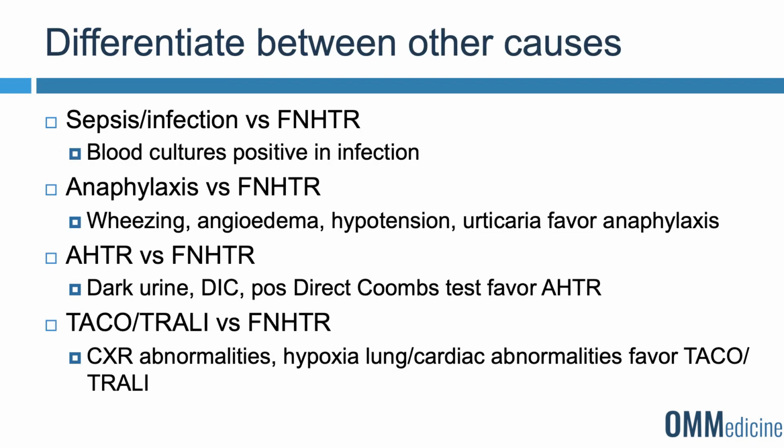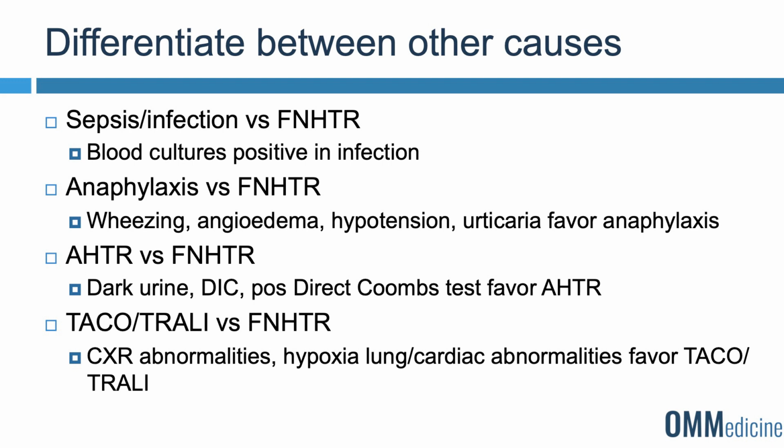And finally, I've put this summary slide here as a way to remind yourself of how the febrile non-hemolytic transfusion reaction will differ from some of the other types of transfusion reactions. So remember that part of the workup to diagnose a febrile non-hemolytic transfusion reaction is to have an infectious workup and rule out any other cause of these patients' symptoms.